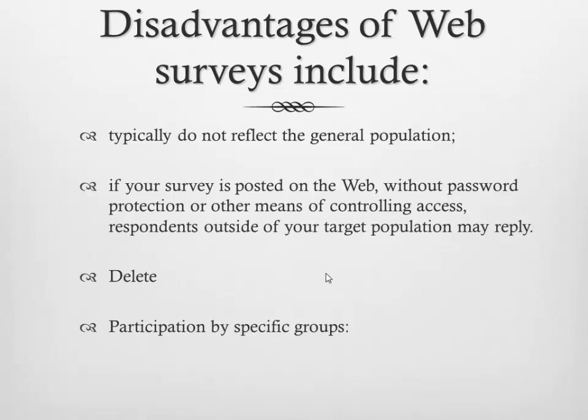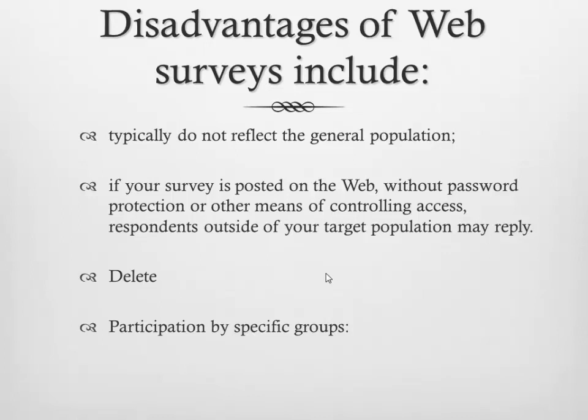It's a good way sometimes of reaching people and collecting data, but without password protection or other means of controlling access, it's a very open way of collecting data and accessing potential participants.